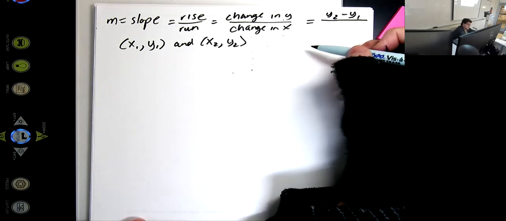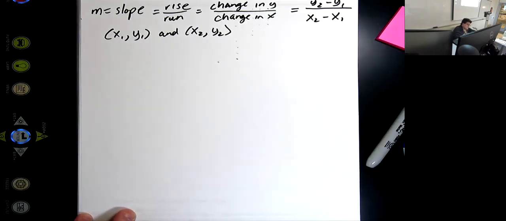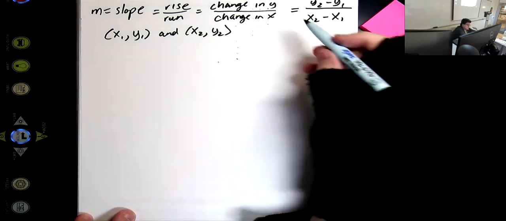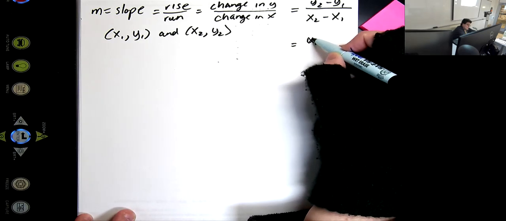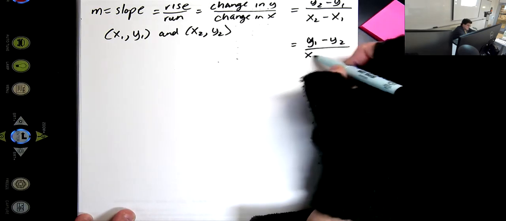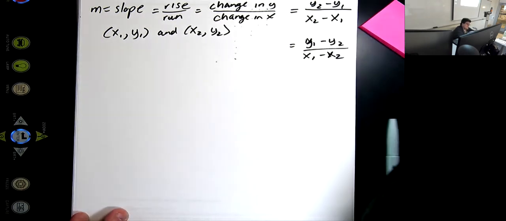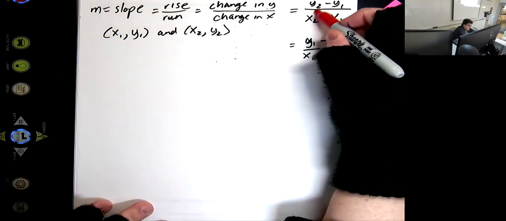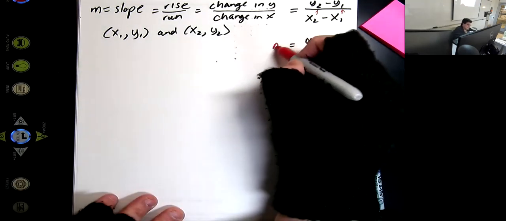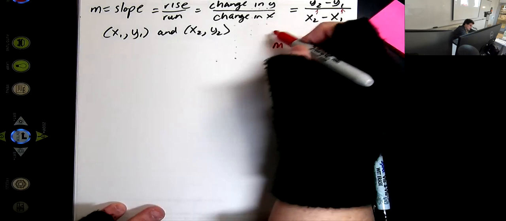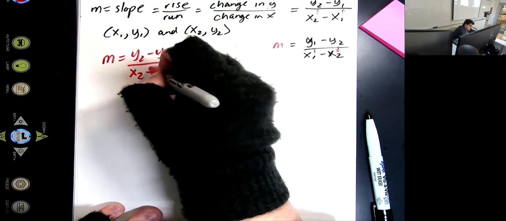And a change in x would be subtracting them. Now, this is a common way it's written. This is the exact same thing as doing y1 minus y2 over x1 minus x2. The point is you got to keep the numbers in line. These numbers got to line up, and you'll get the same value. But in both cases, m equals that. I like using y2 minus y1 over x2 minus x1. This is important.